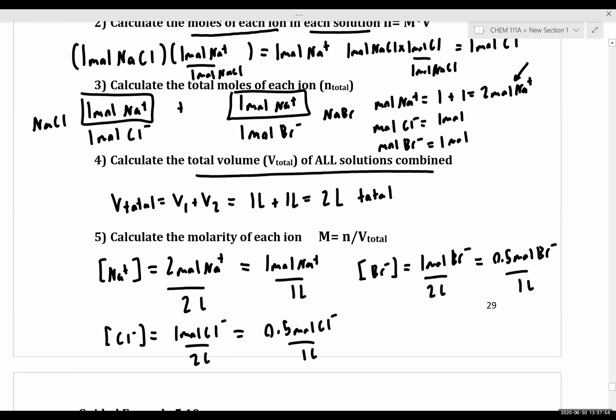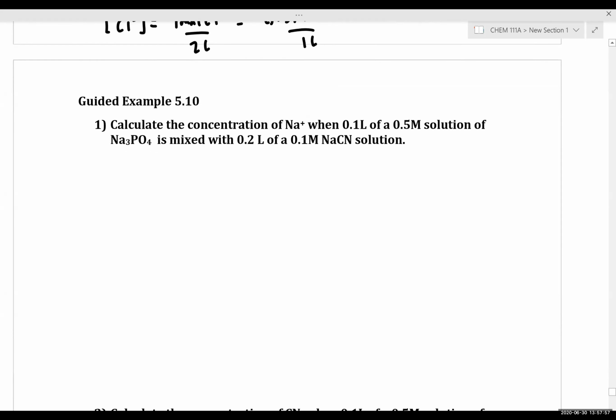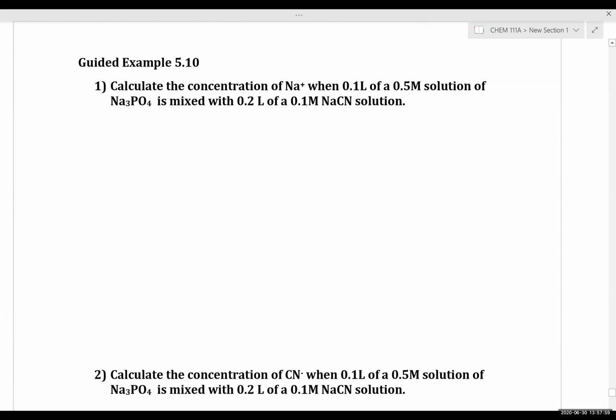Okay, so let's do a guided example a little bit closer to what you'd see on an exam. In this example, which is split into 2 parts, first we're asked to calculate the concentration of sodium when 0.1 liters of 0.5 molar sodium phosphate is mixed with 0.2 liters of 0.1 molar sodium cyanide.